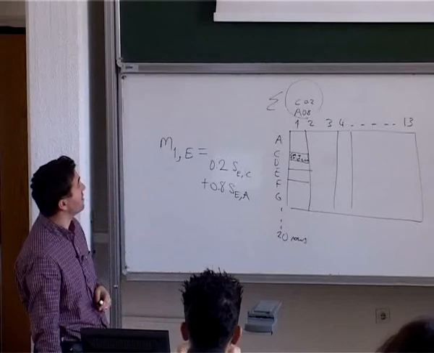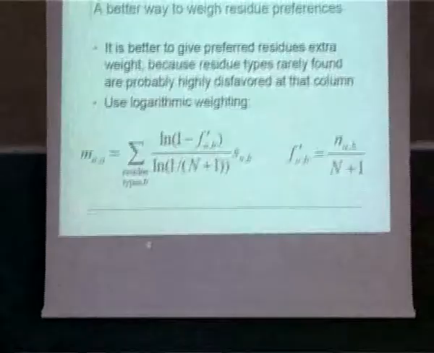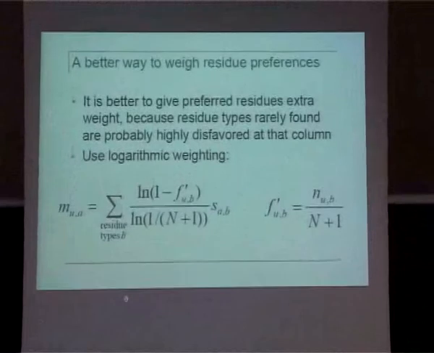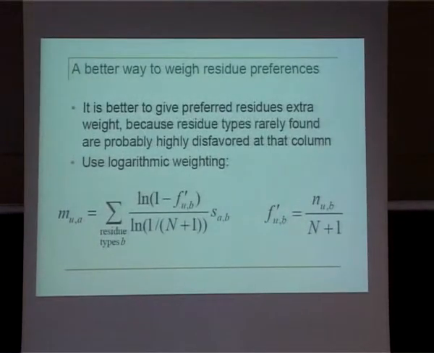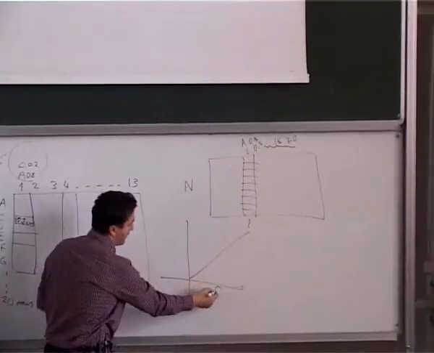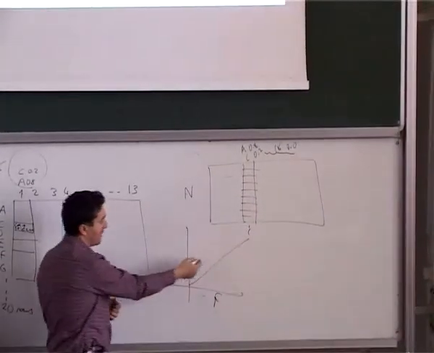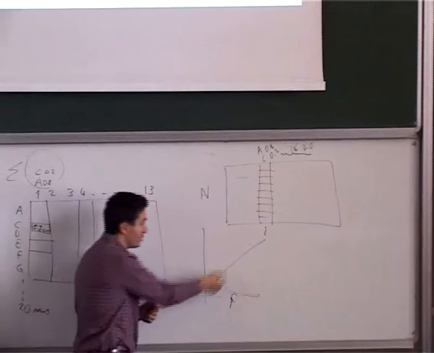So the equations start looking scarier, but do not get intimidated by these equations. Their main purpose is just to make the previous linear effect nonlinear. It's like this. This is our frequency, and when the frequency is increasing, the effect of that amino acid on the score is also linear.